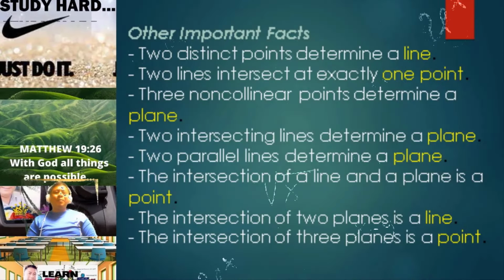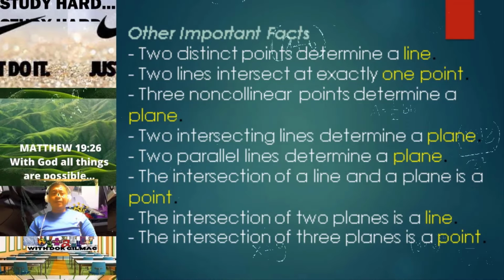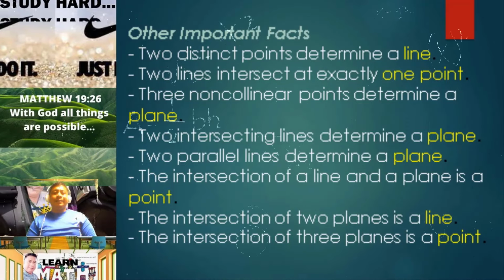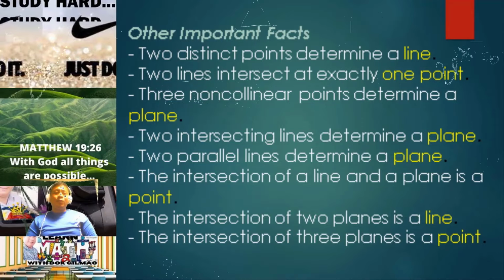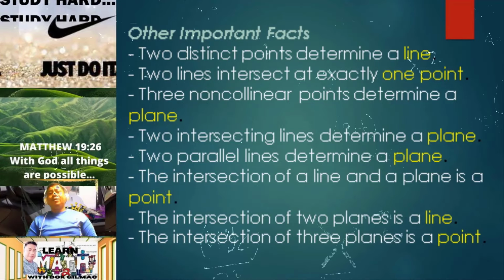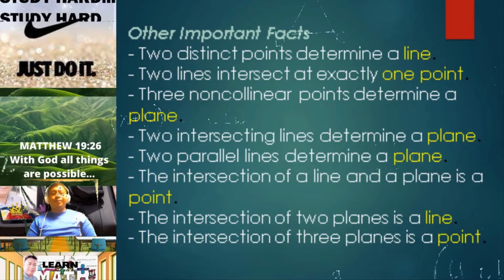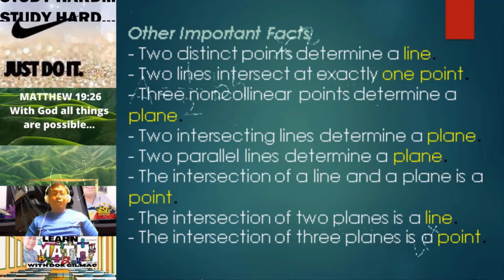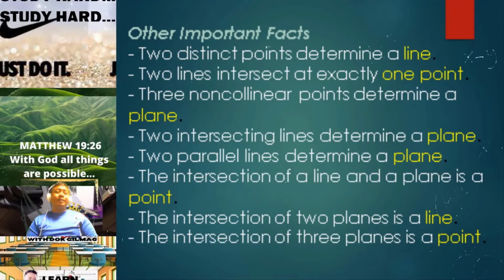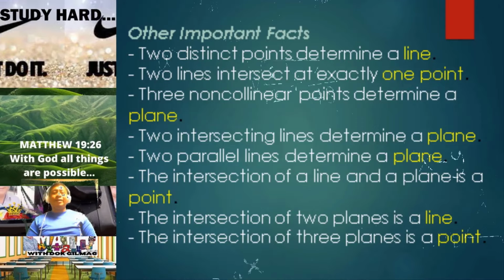Consider other important facts. Two distinct points determine a line. By just connecting 2 points, we can form a line. Two lines intersect at exactly 1 point. If two lines intersect, there is only 1 point of intersection.